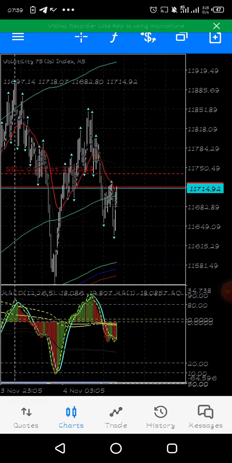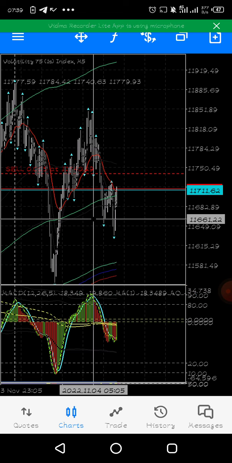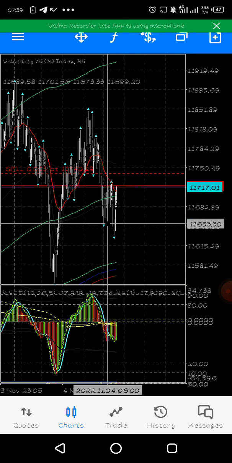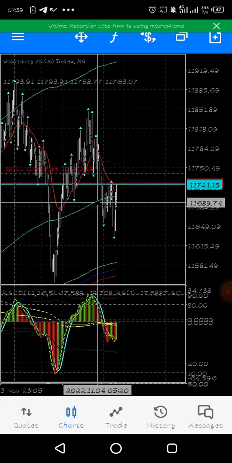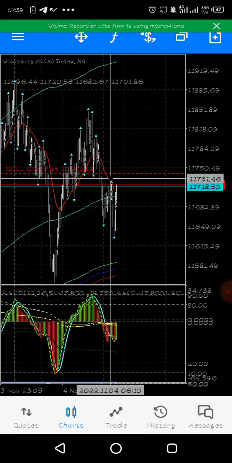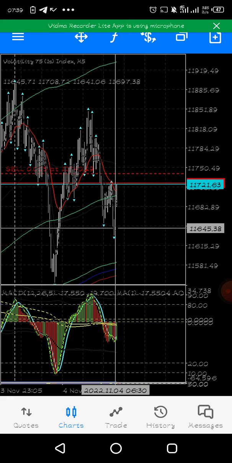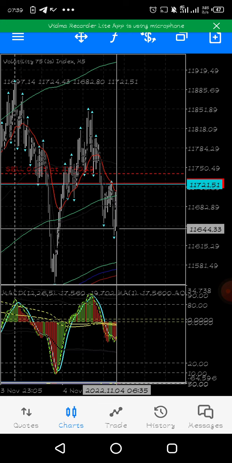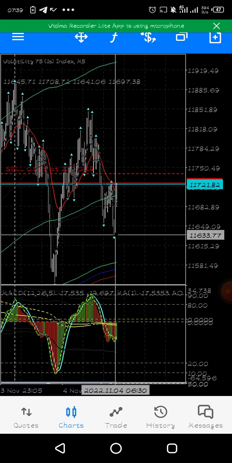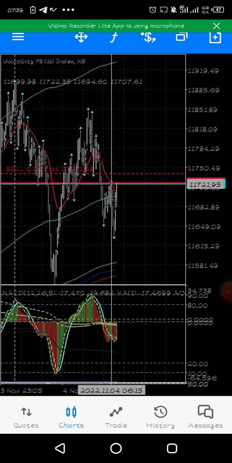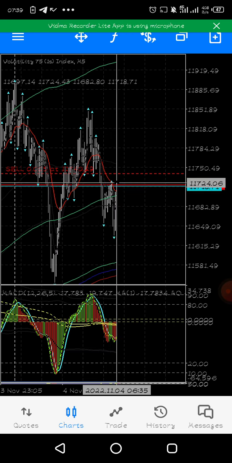But how do I get, as you can see now, let's check. See this now, this is coming straight down. This is a lower low, and it's trying to go and form another fractal here.